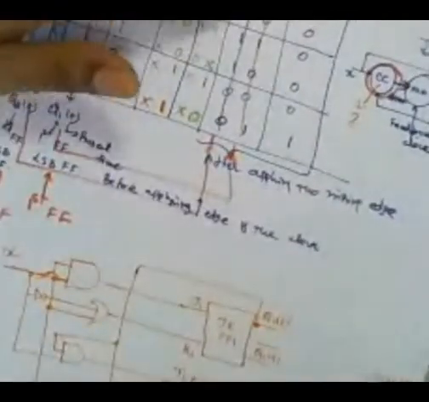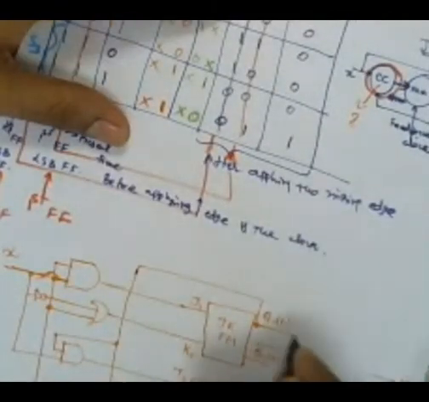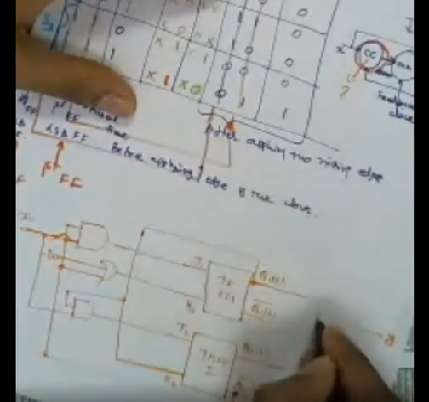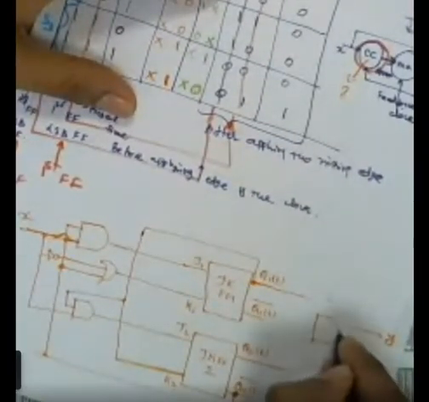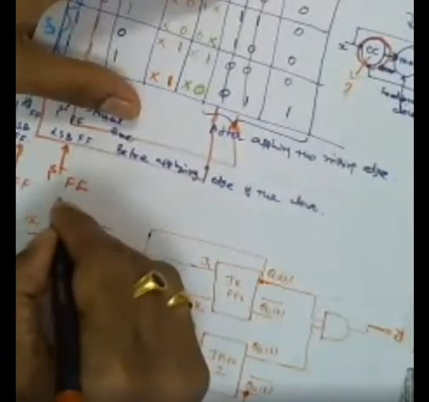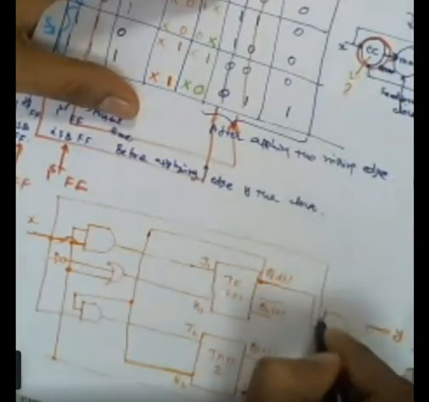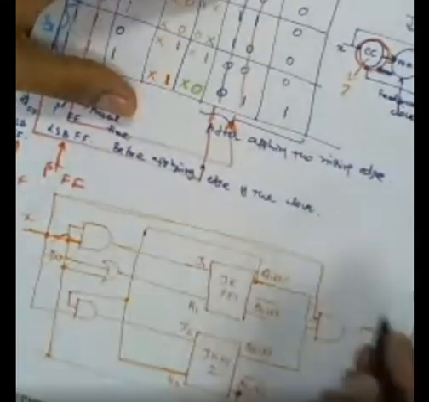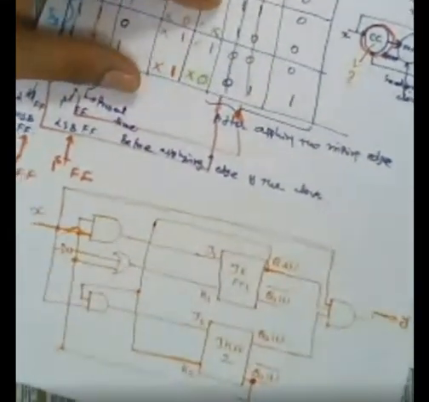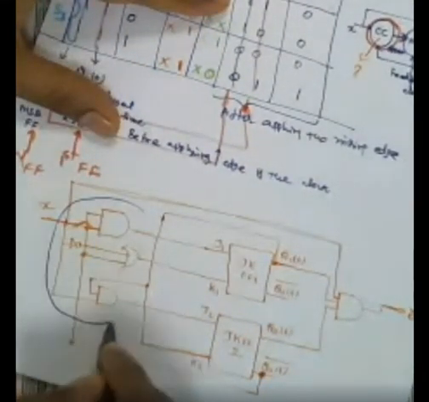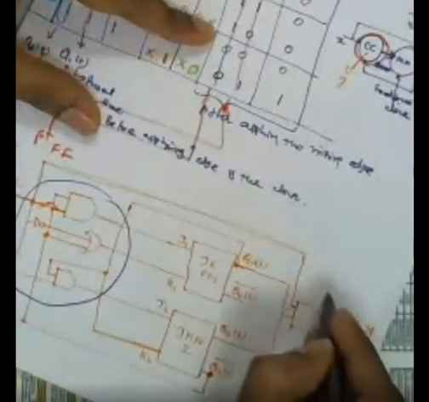Then come to the output side: Q1, Q2 and X. This is the AND gate now. So if you look at the circuit, this is a combinational circuit, and this is another combinational circuit.